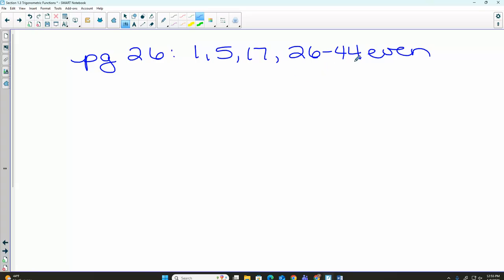I do want to talk about the directions for this 26 through 44 even. So I would like if you guys could turn to that page in your books and let me talk about that for just a minute, and then I'll let you try them.